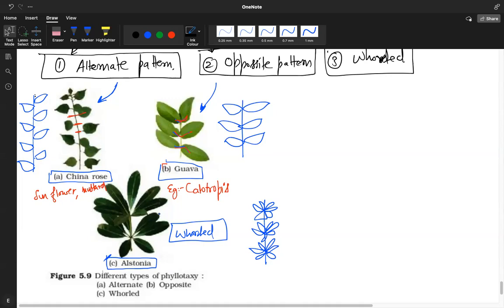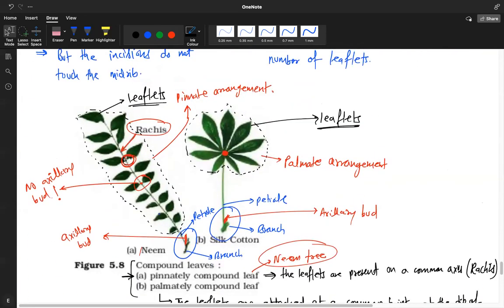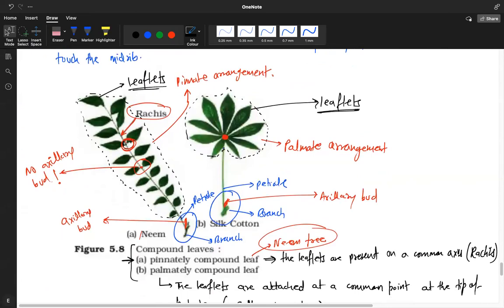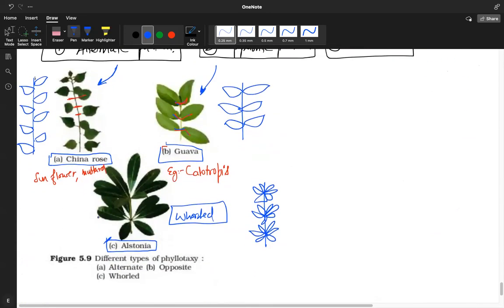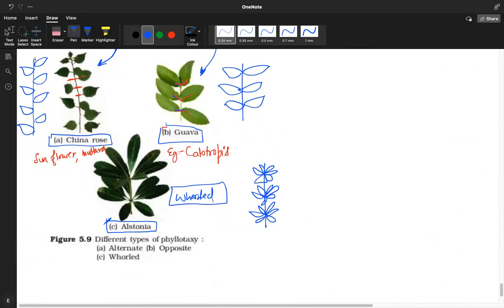So this whorled phyllotaxy kind of resembles palmately compound leaves. It resembles what? No. So palmate is not whorl. See here, all these leaves are in one axis, like a palm. Look at your palm and your wrist, the point where your palm is connected to your wrist, right? Whereas in a whorl, if you just take one layer, you can say that there are multiple points connected to this one stem.